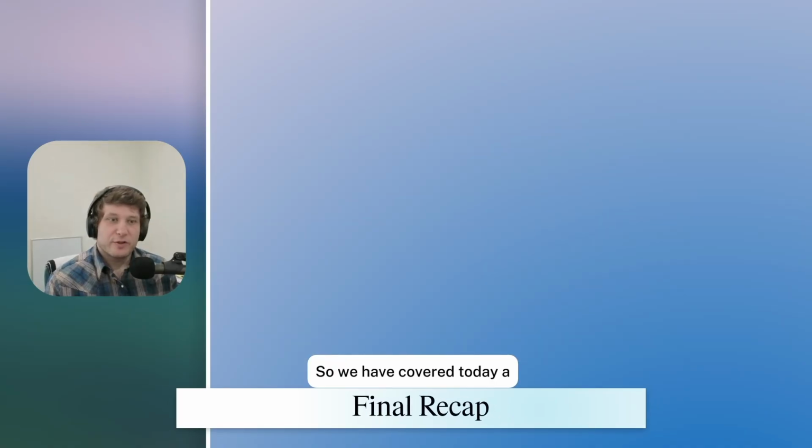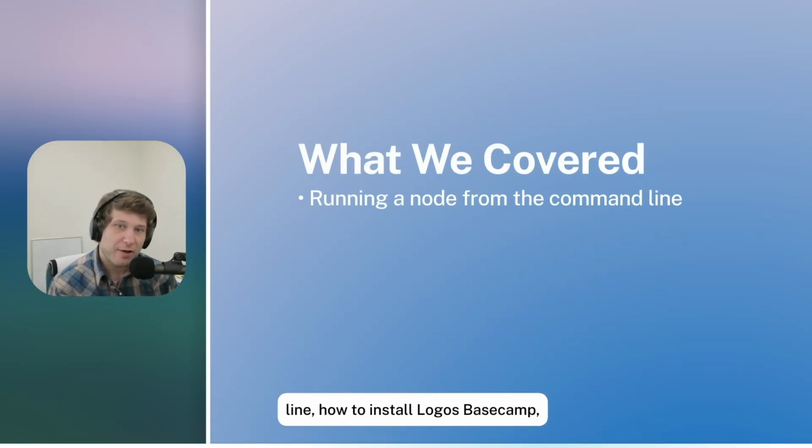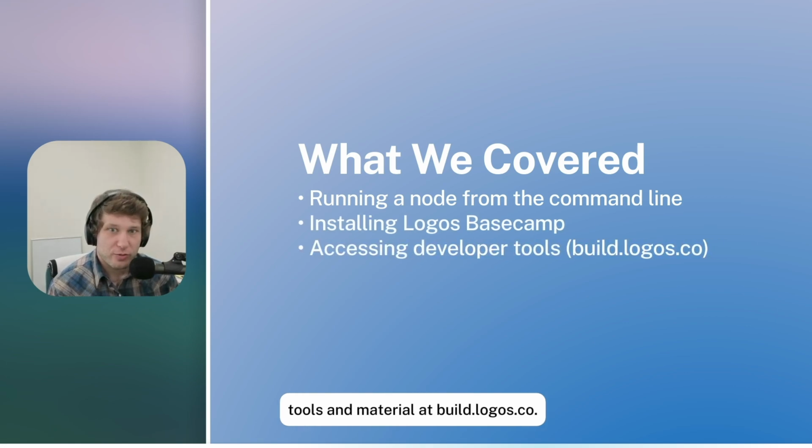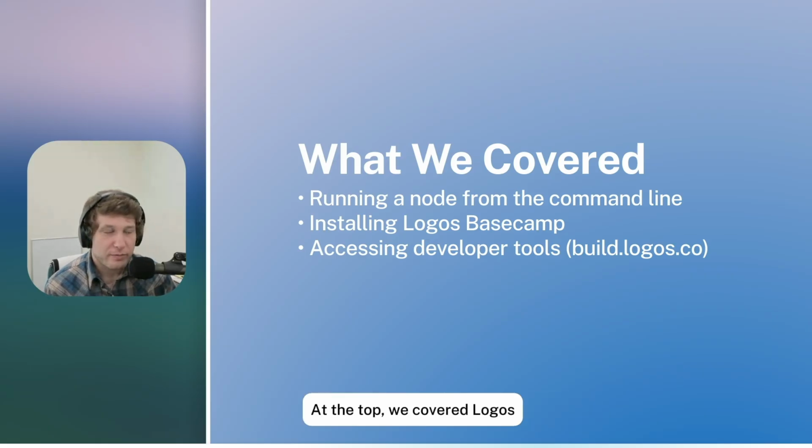So we have covered today a number of things, including how to run a node from the command line, how to install Logos Basecamp, where to find all the developer tools and material at build.logos.co. We covered the Logos storage, messaging, and blockchain modules, respectively. At the top, we covered Logos circles and where you can go. That is logos.co/circles to get started and learn more about circles that might be happening in your area.